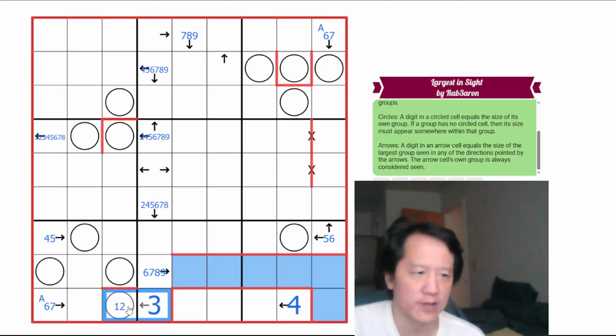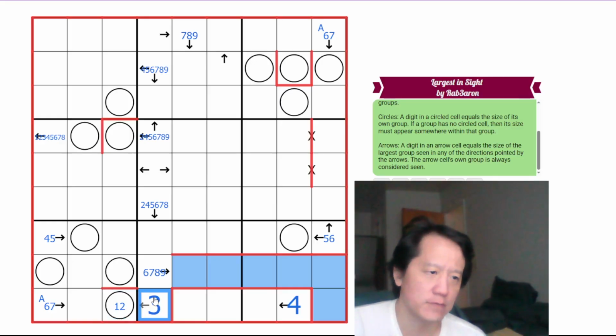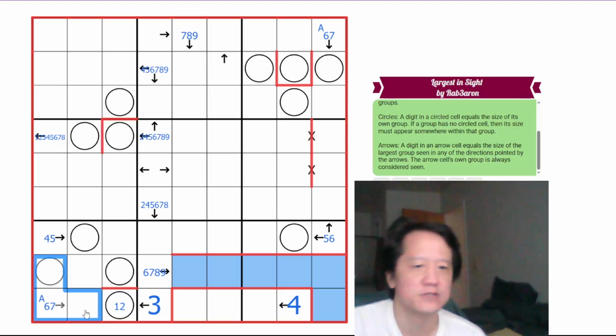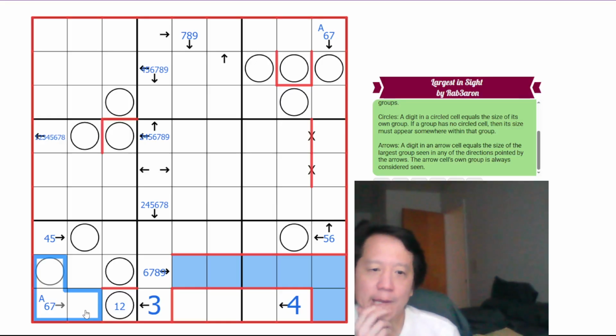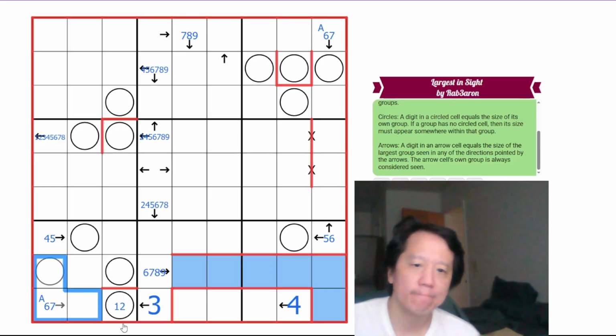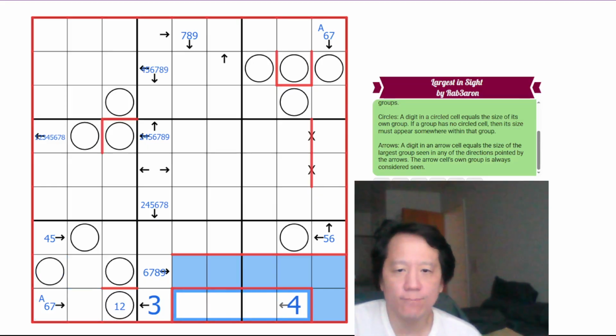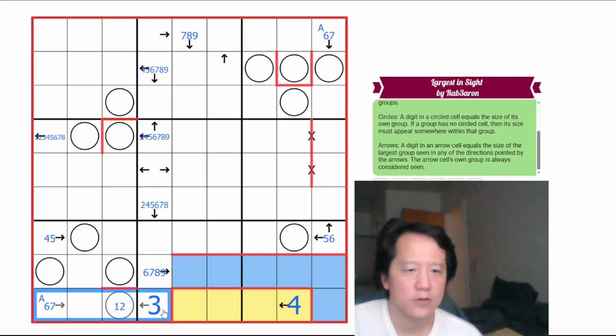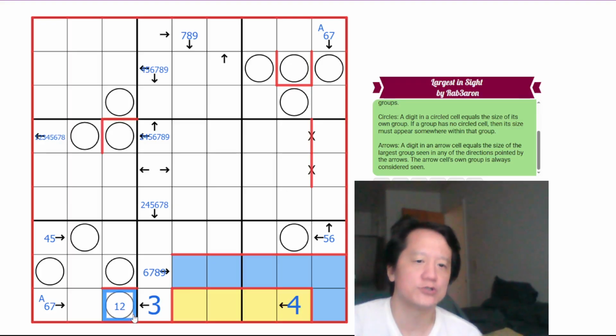This cannot go that way because then... Actually, it could. It could be size 2, and then you have a size 3 like that. That's potentially possible. Interesting. So we have yellow that way. So the largest of these is size 3. This is size 1 or 2.